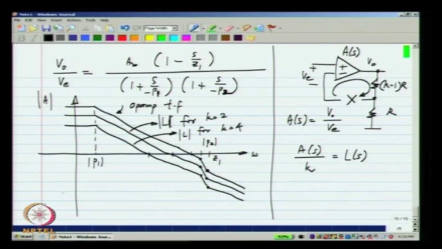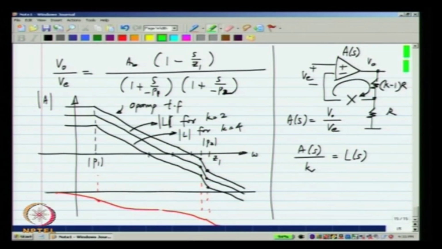Also, if I plot the phase response, what happens? There is a 45-degree phase shift at the first pole, and then the phase reaches minus 90. At the second pole, there is another 45-degree shift, and at the zero, there is another 45-degree shift, because this is a right half plane zero.